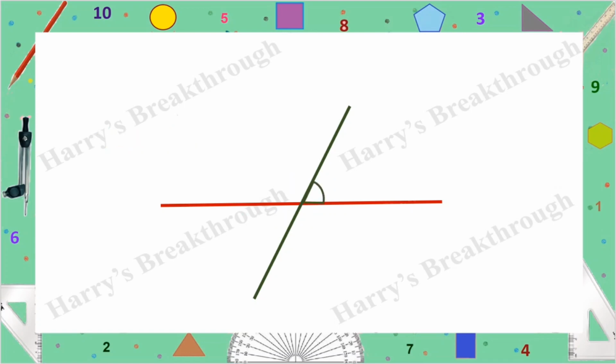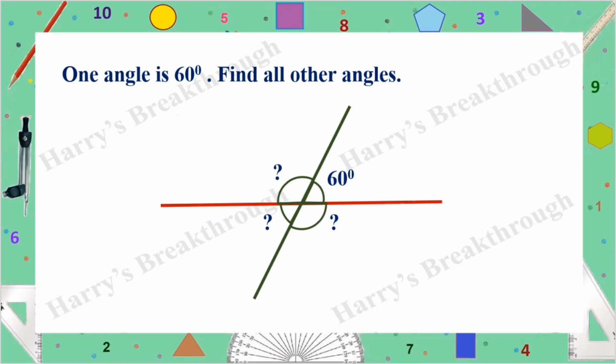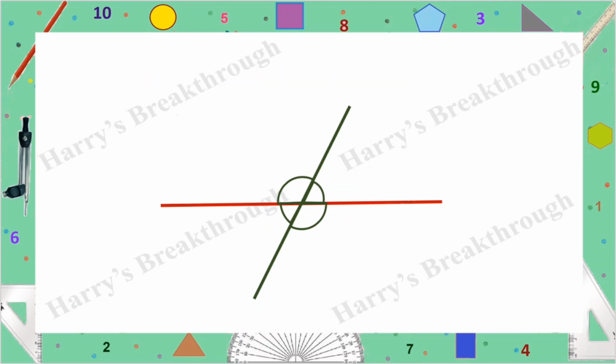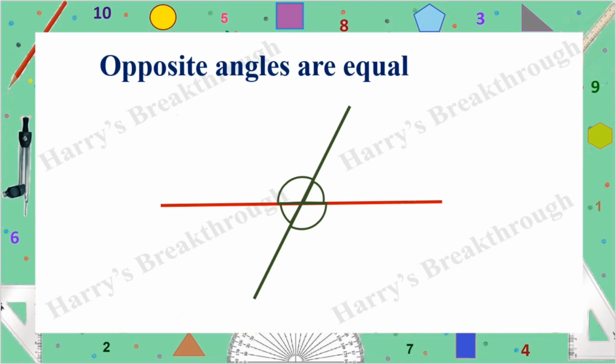Suppose the measure of one angle is 60 degrees. Can you find the measure of the other 3 angles? How can we find that? In your 6th standard, you studied that opposite angles are equal. That means these two yellow angles are equal and the blue angles are equal.